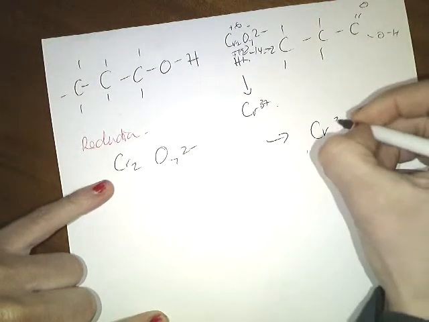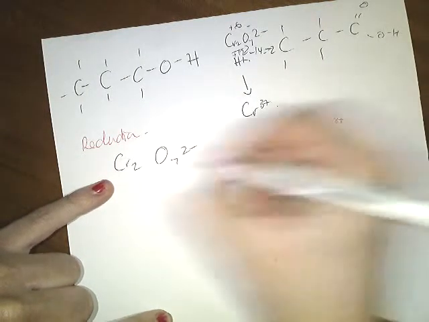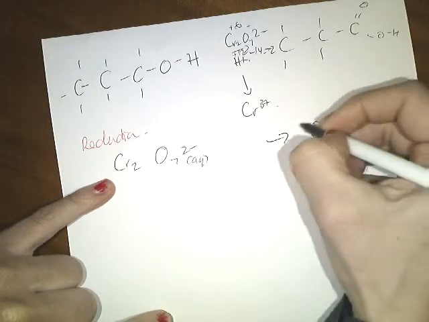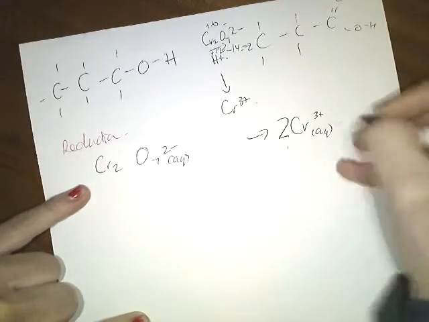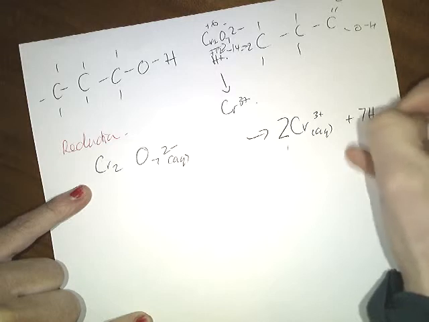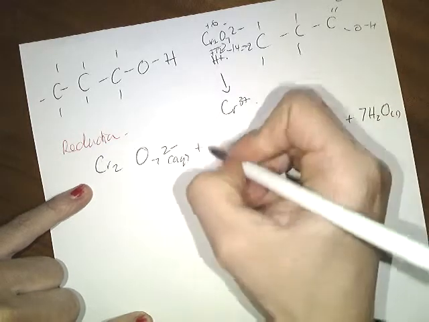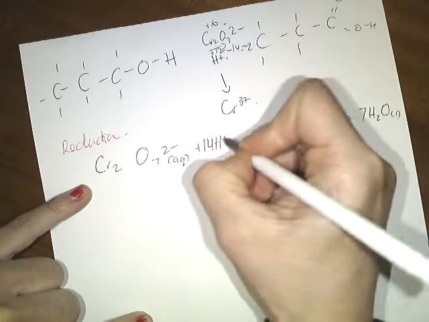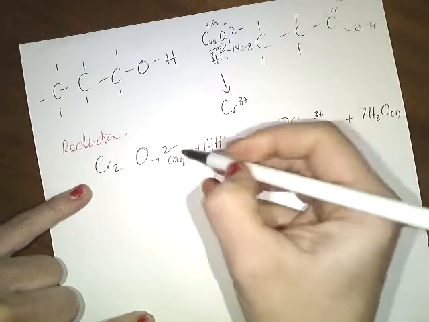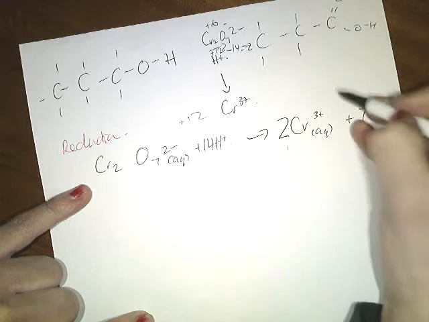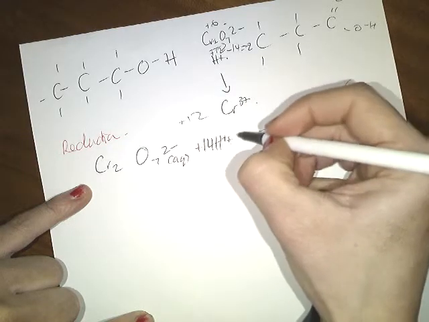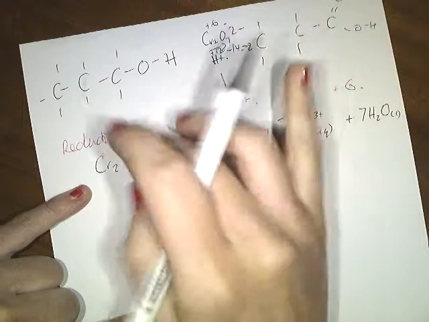This is one that you have to be very familiar with. So balance for elements other than H and O, then we add 7 waters and we add 14 H pluses, and then we add electrons, so we have minus 2, that's plus 12, and plus 6, so we've got to add 6 electrons, 3 electrons for each chromium.